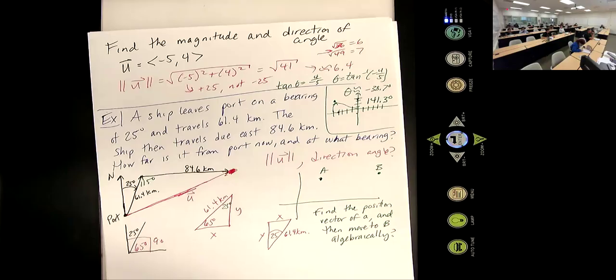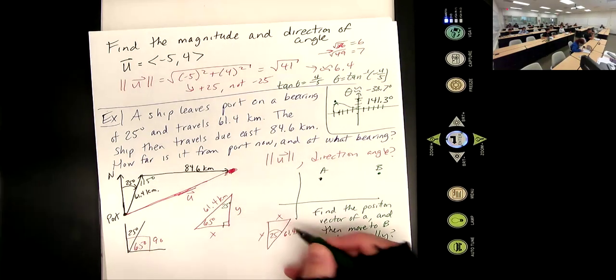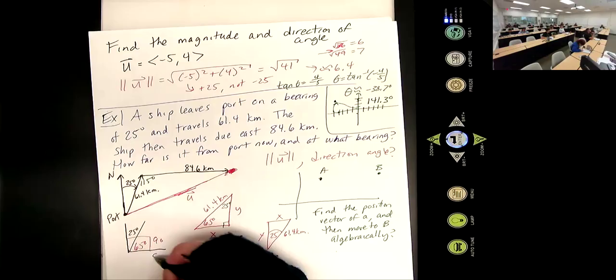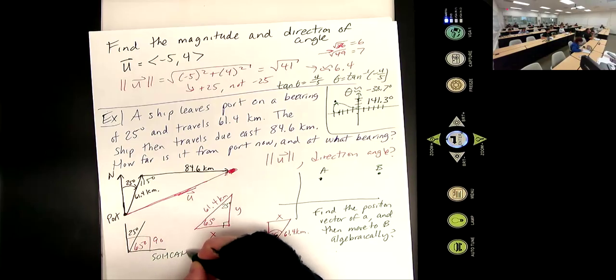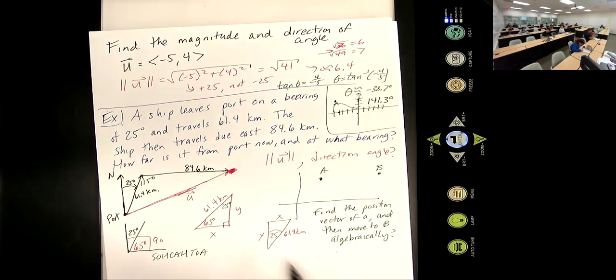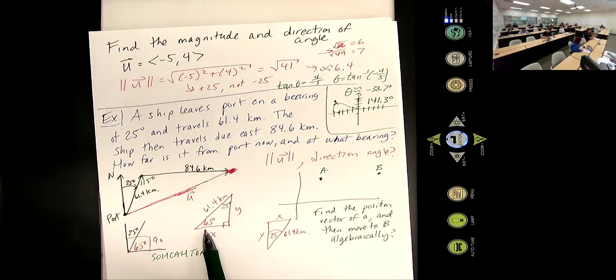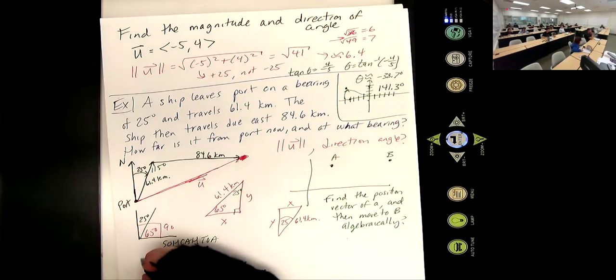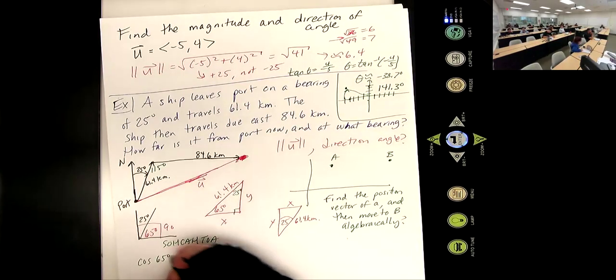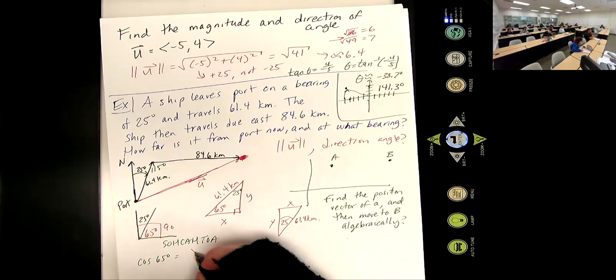This is a right triangle. SOHCAHTOA. So x is adjacent to the 65, and we have the hypotenuse. Adjacent and hypotenuse is cosine. Cosine of 65 degrees equals adjacent over hypotenuse.